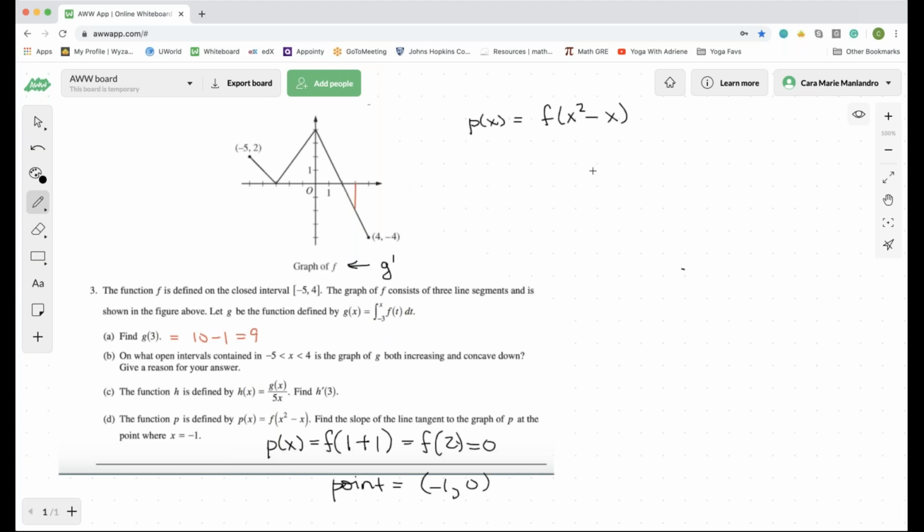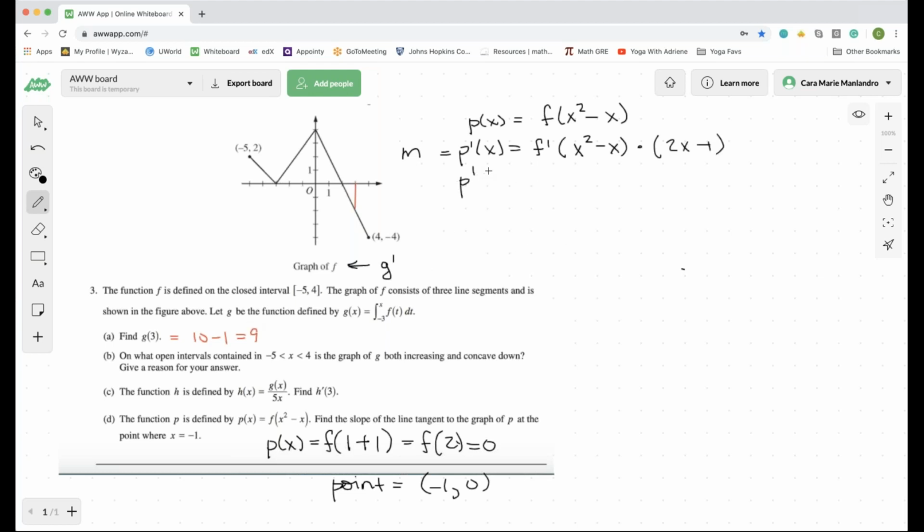All right, so that was the point that I needed. Now I need to find the slope. In order to find the slope, we are just going to take the derivative of this thing. All right, now here, again, you want to use the chain rule first, and then you can evaluate it. All right, so p prime of x, this is going to give me my slope, is f prime of the argument stays the same, times the derivative of the inside, which is 2x minus 1.